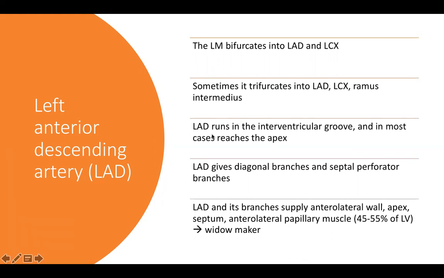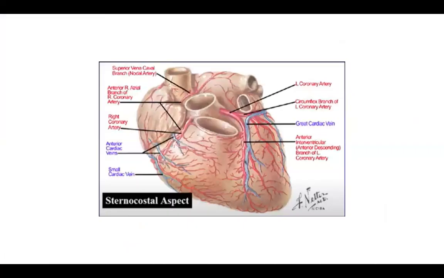This is the heart, this is the aorta, this is the right atrium, and this is the left atrium. We know the right atrium from the superior vena cava, and we know the left atrium from the pulmonary veins. So this is the left side of the patient, and this is the right side of the patient.